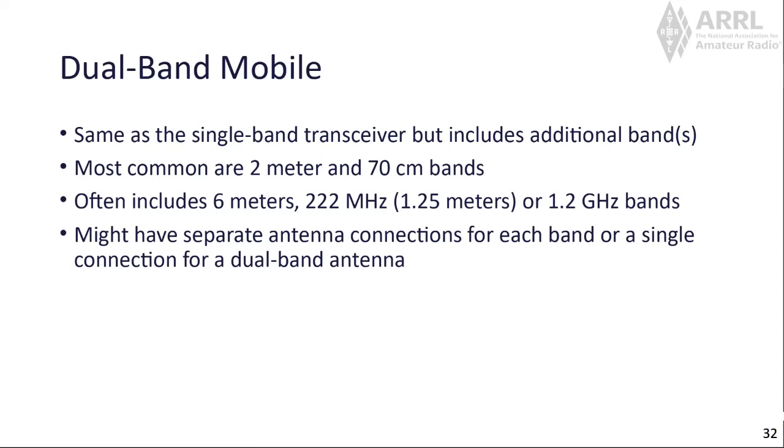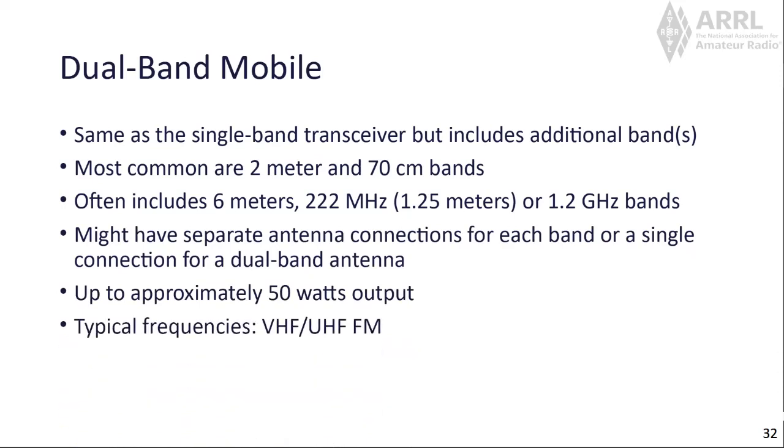Those bands are so much separated that the equipment inside the radio is different. It just handles different frequency ranges. Again, up to about 50 watts, and again, the typical frequencies are VHF and UHF.